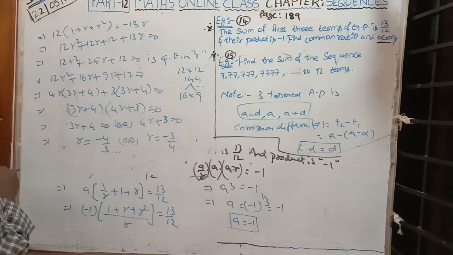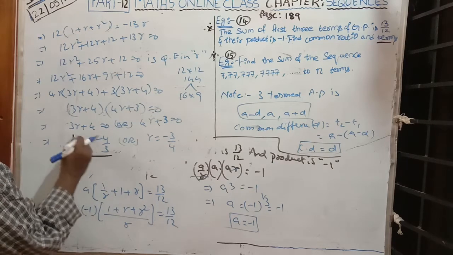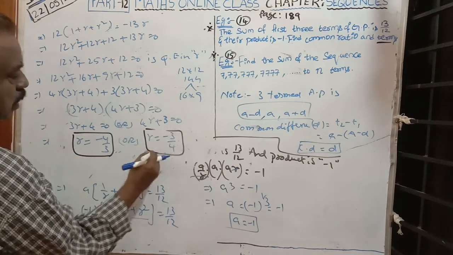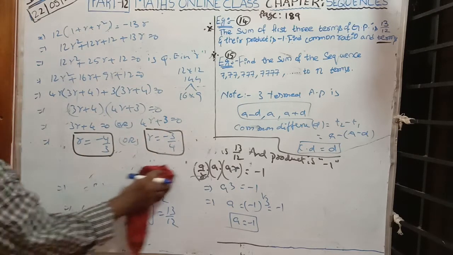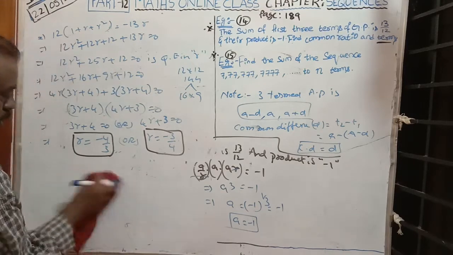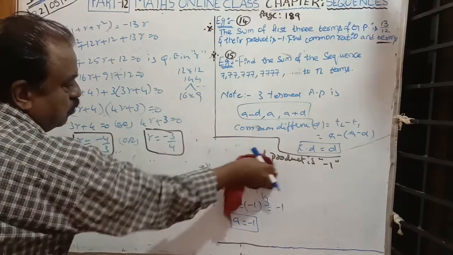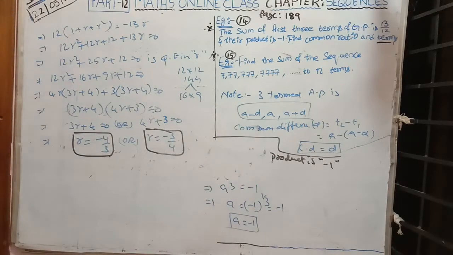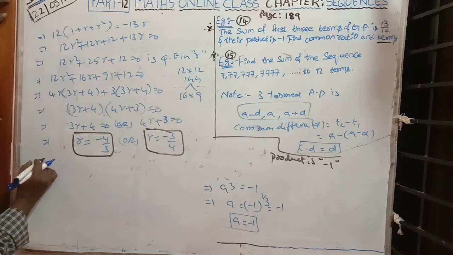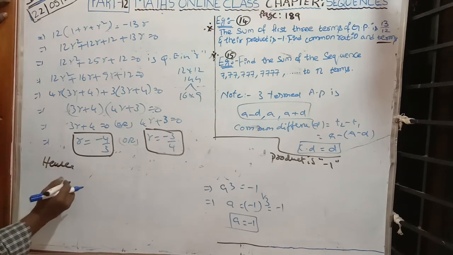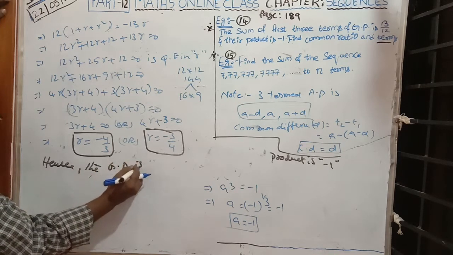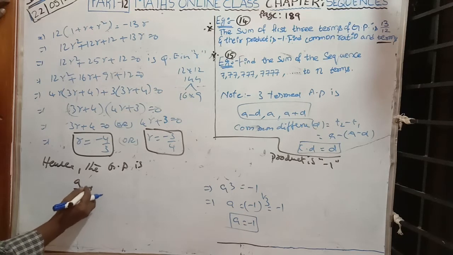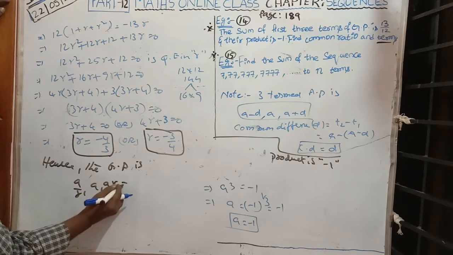So R has 2 values: minus 4 by 3 or minus 3 by 4. And A value is minus 1. So both values are there. Hence the GP is A by R, comma, A, comma, AR.